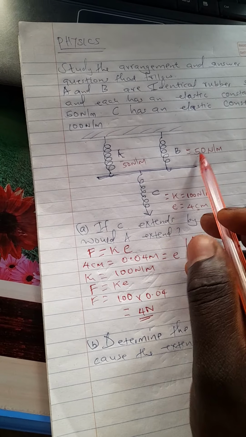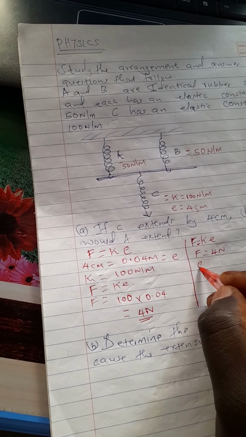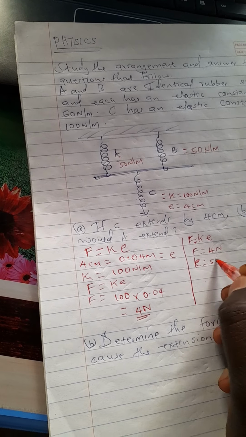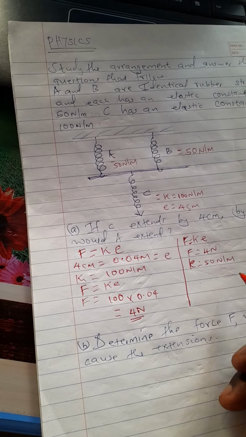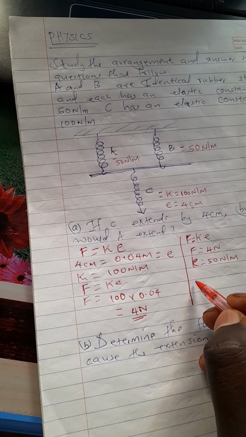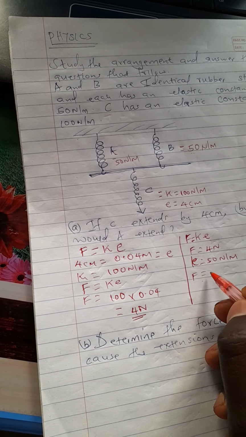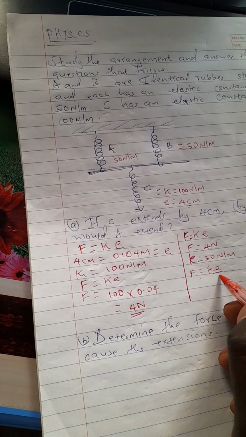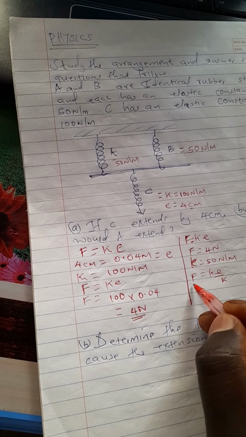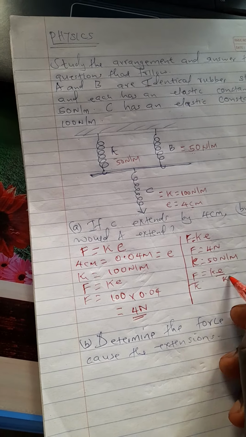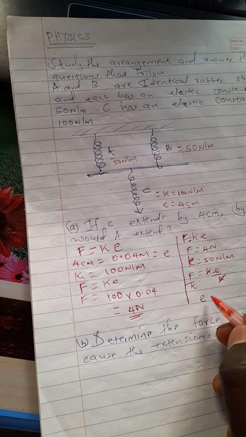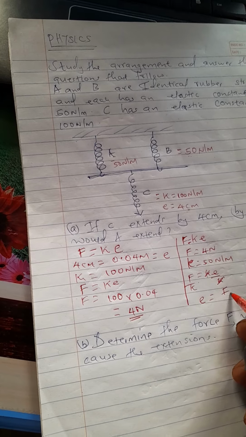The spring constant K in this case is 50 Newton per meter. Substituting back into F equals KE, our aim is to get E, so we divide by K on both sides. Our extension will be equivalent to F over K.